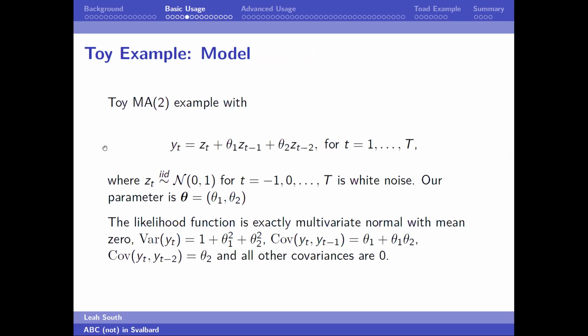I'm going to go through this toy moving average of order 2 example. I don't think it's important to go into too many details on the model. It's just a really simple one that would run quickly enough for this talk and was relatively easy to explain. We've got these two parameters, theta1 and theta2, and the likelihood function is actually tractable, so if you wanted to, you could compare these results to standard inference.